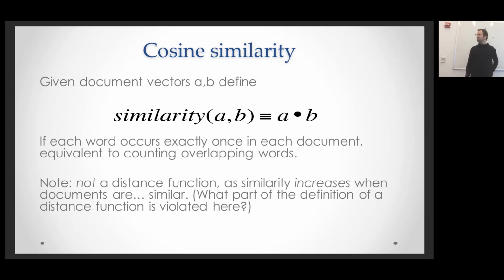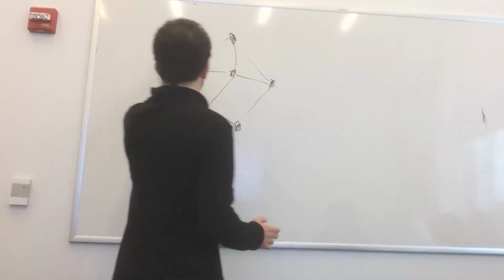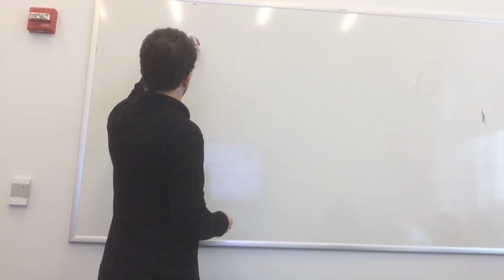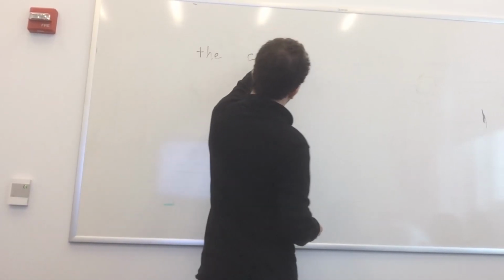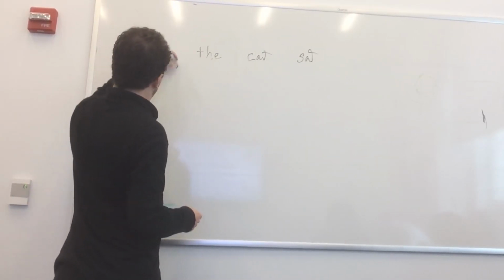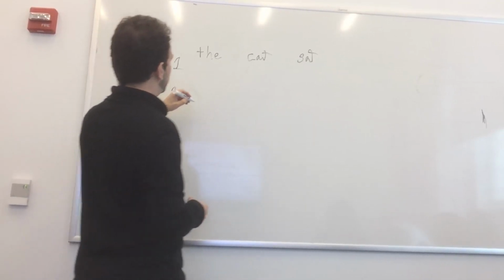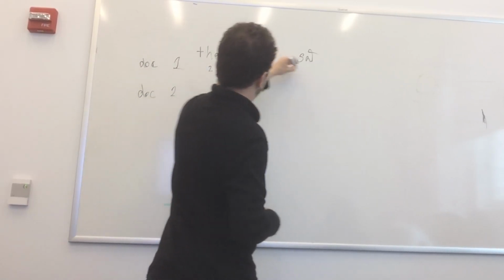There's different ways you could do this. You could use Euclidean distance to compare document vectors. So what I mean by that is, if I have a document vector, the dimensions are words. It's always cats sitting on mats with me, right? So this is document 1, this is document 2, and I have certain counts here: 2, 1, 3.